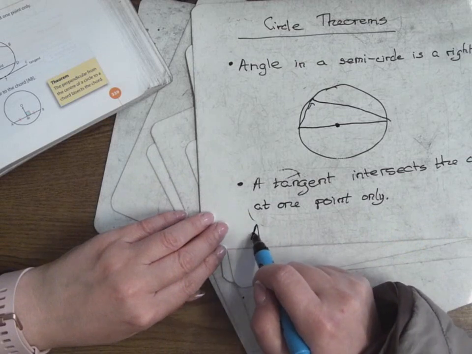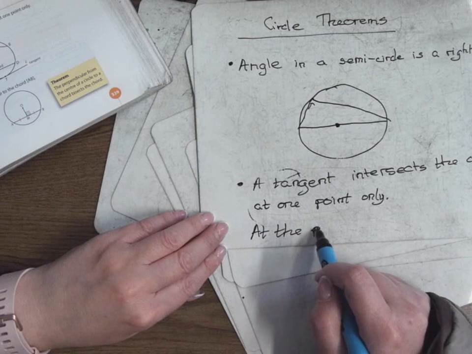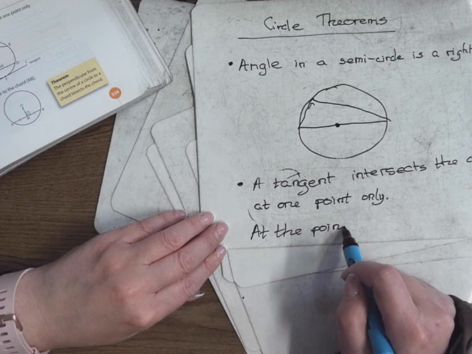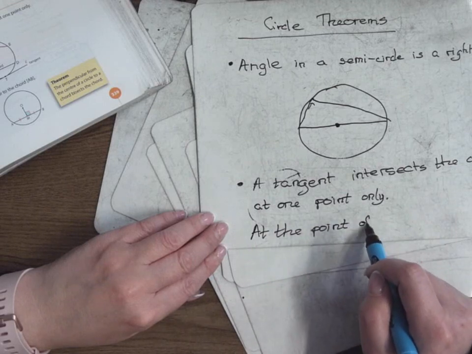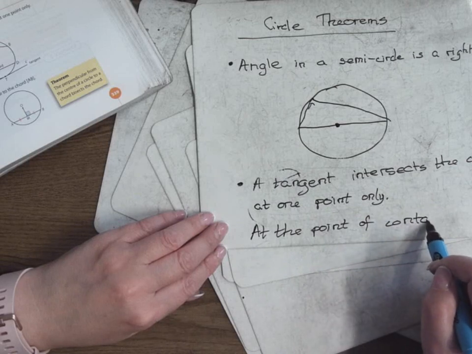And at the point of contact, the tangent makes a right angle with the radius.